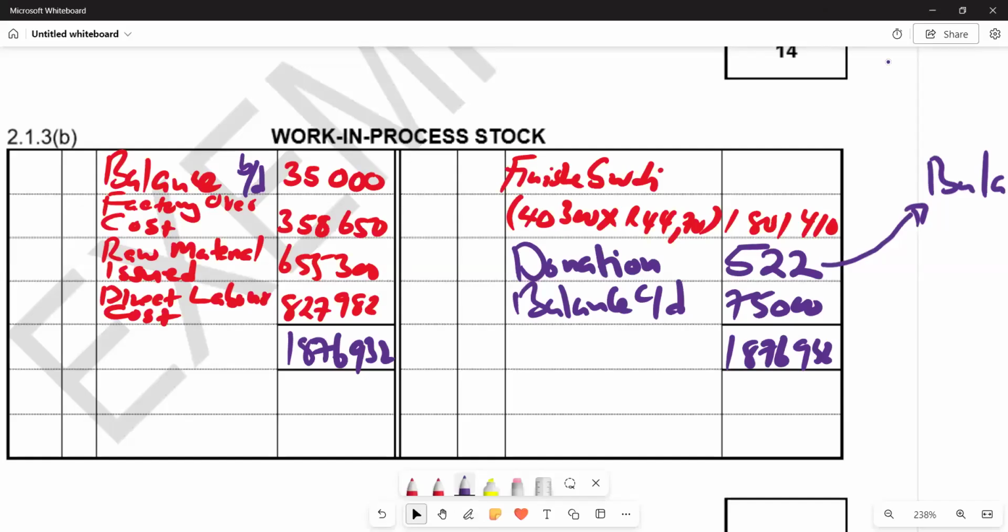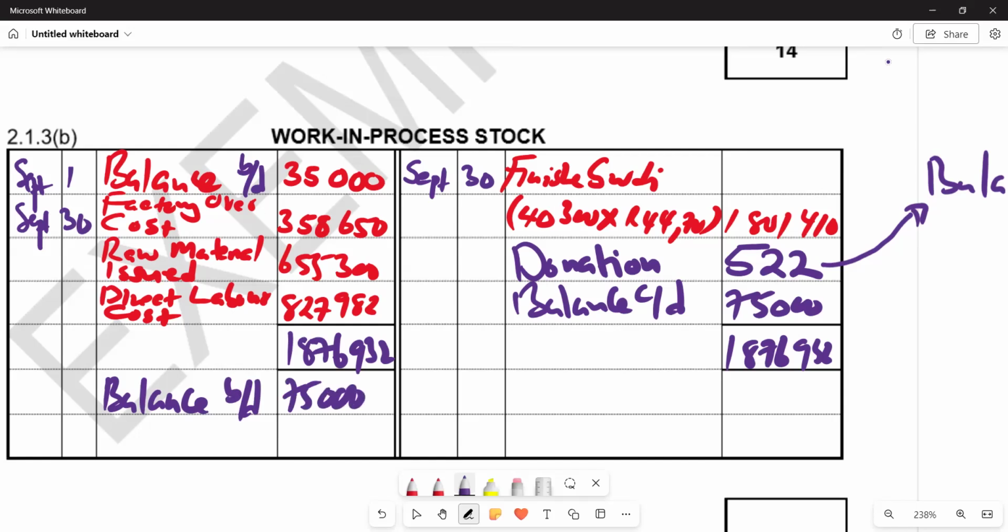In terms of our dates, this balance BD is at the beginning, so obviously this is going to be our September 1. Then all the entries that follow are dated at the end of the period, which is September 30. Also on the credit side, all the entries that we have become September 30. But our balance BD is going to come here, which is the same amount as the CD, 75,000.